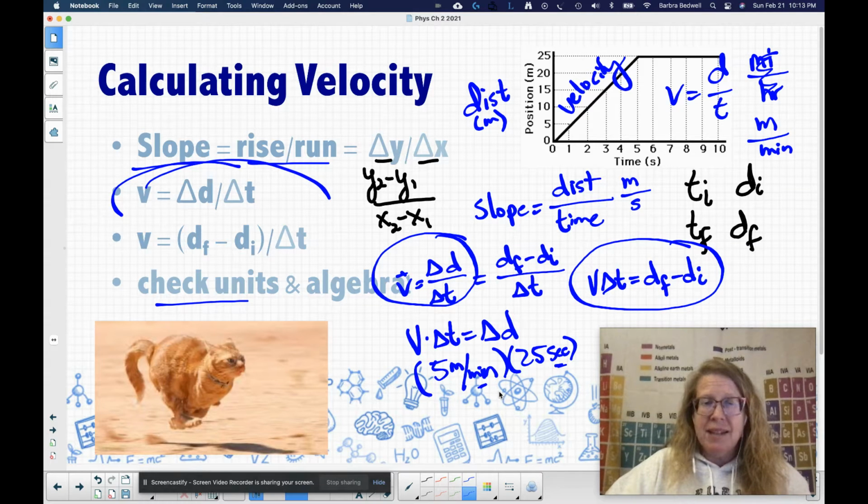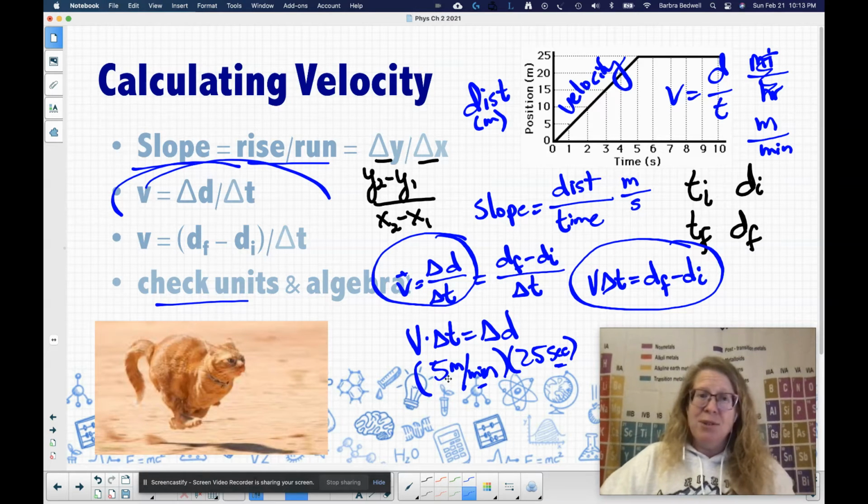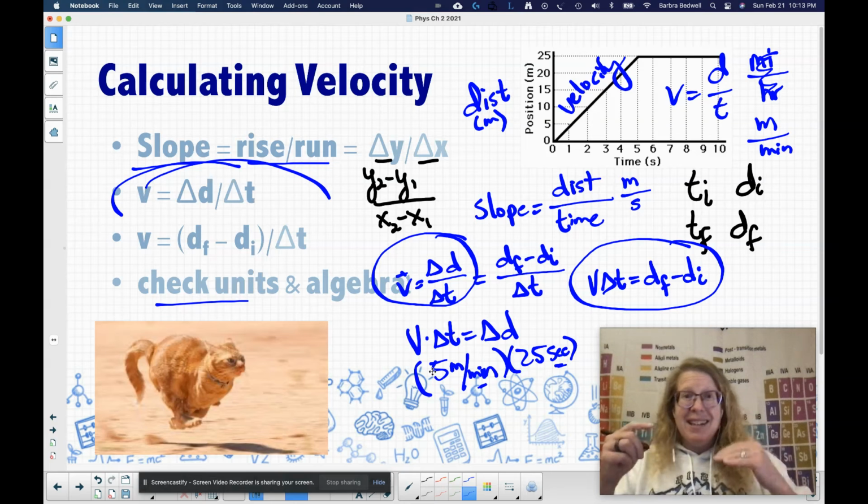They don't cancel out. You need to make sure that when you're setting up your problems your units are consistent. If this is in meters per minute, then your time needs to be in minutes. Or you need to turn your speed into meters per second so that the seconds cancel out.